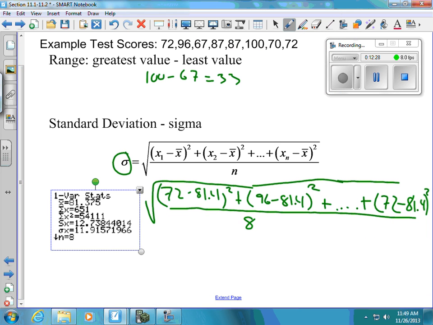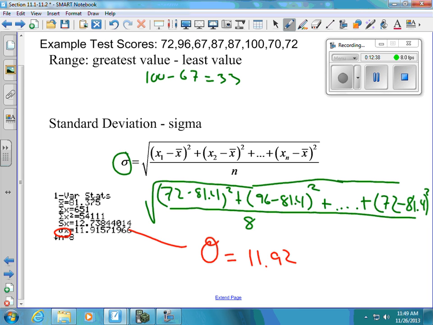Standard deviation is right here. The standard deviation of x. So the standard deviation for this problem is 11.92 approximately.